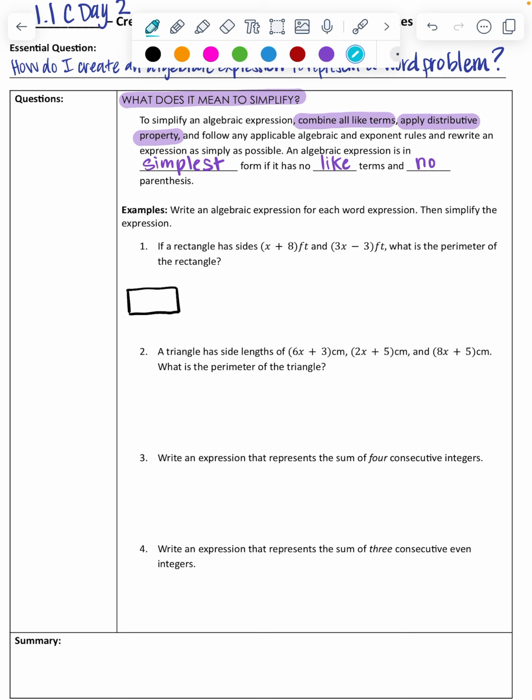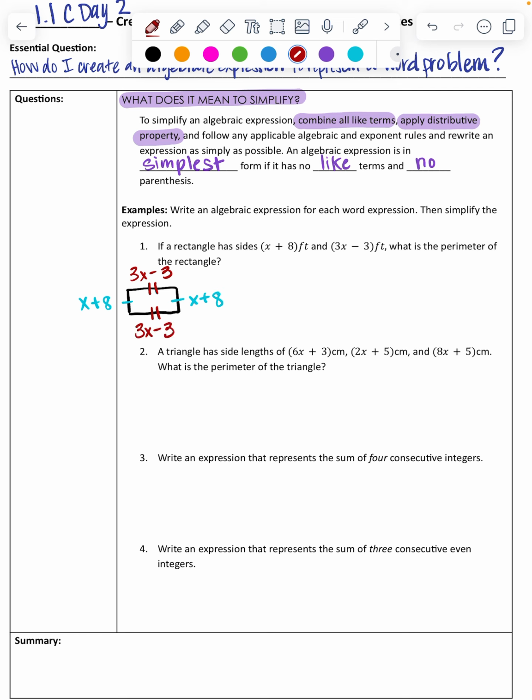With a rectangle, I know that these two sides are equal to each other, and these two sides are equal to each other. So if I label one side x plus 8, this side is also x plus 8. And if I label the top 3x minus 3, this side is also 3x minus 3.